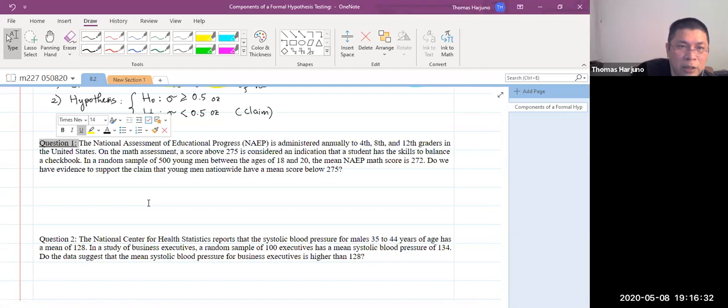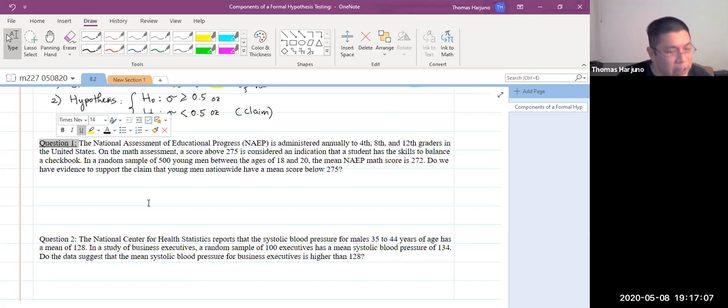That's actually a skill that we have a hard time seeing recently. Now, in a random sample of 500 young men between ages 18 and 20, the mean NAEP math score is 272. Do we have evidence to support the claim that young men nationwide have a mean score below 275?